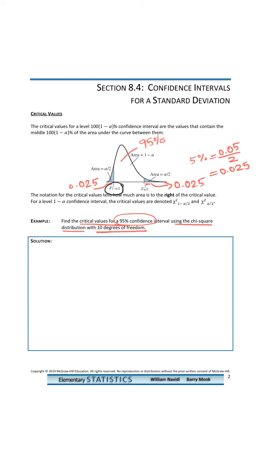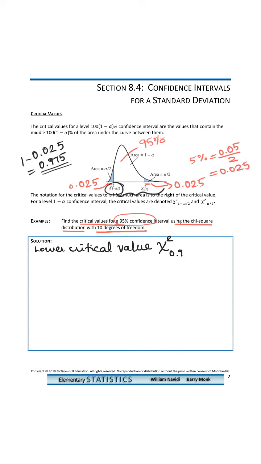This is the lower critical value. It has 1 minus 0.025, that is 0.975, of the area to its right. So the lower critical value we can denote by chi-square 0.975.